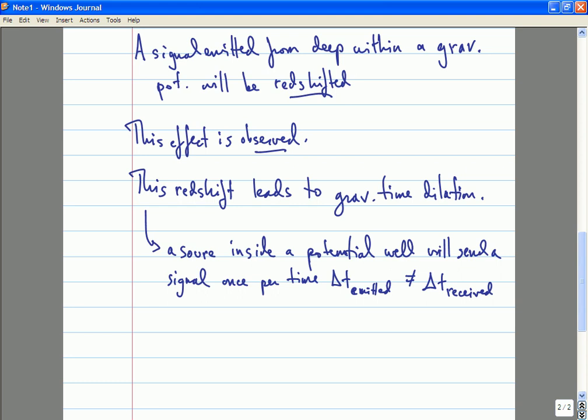Or, if we wanted to state this a little more physically, we would say that a clock deep in a gravitational potential will run slower than one outside the gravitational potential.